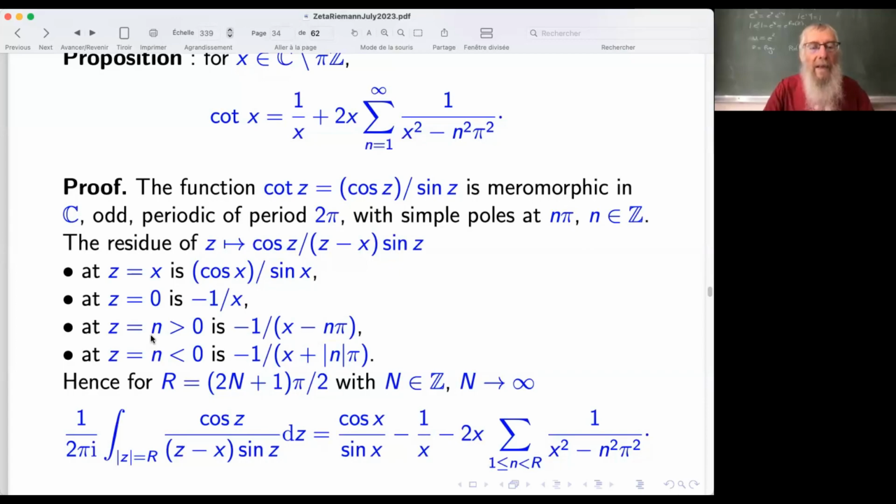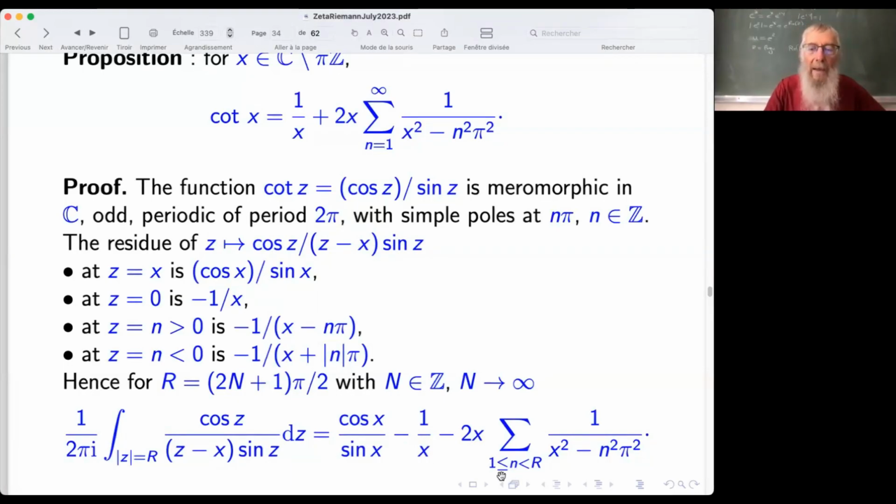And we have the residue at z equal n and z equal minus n, which gives minus 1 over x minus n pi. But if n is negative, minus n is the same as plus absolute value of n. So this will give minus 1 over x minus n pi, minus 1 over x plus n pi for the n which are greater than or equal to 1.